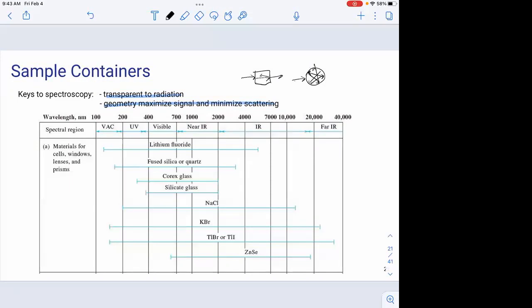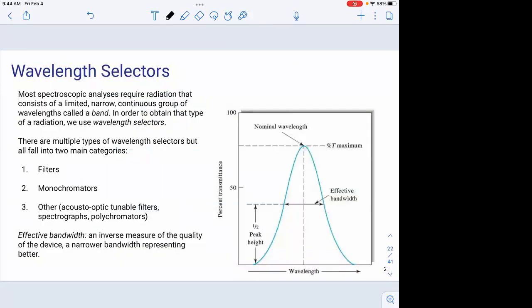Because we're talking about practicalities here. The likelihood that you could get this guy into the instrument with the optical path perfectly parallel is small compared to whether or not you can get this really wide flat window set in the right spot in your instrument. All right. So those are the 2 things you should keep in mind as you're thinking about sample cell containers.